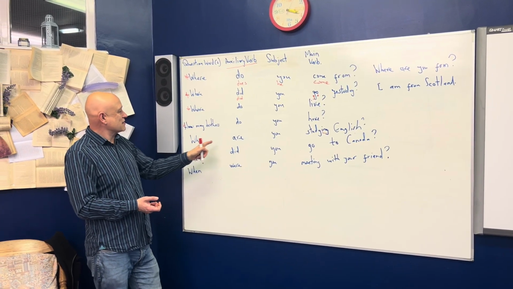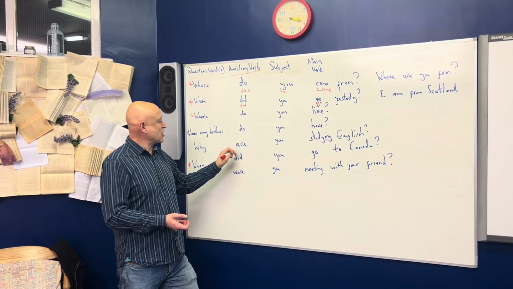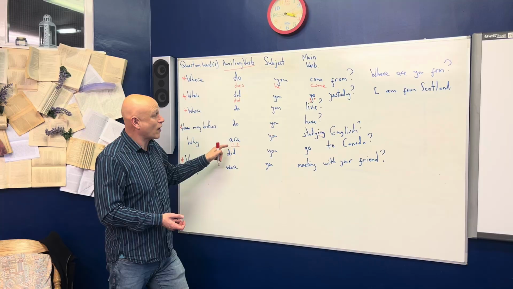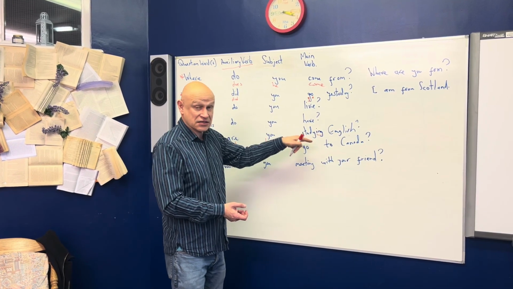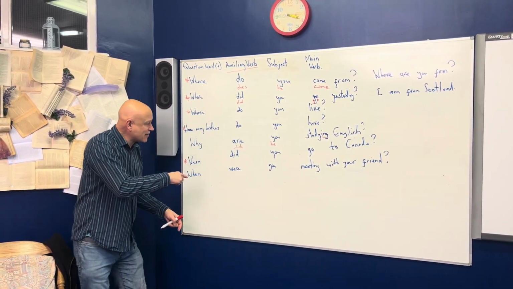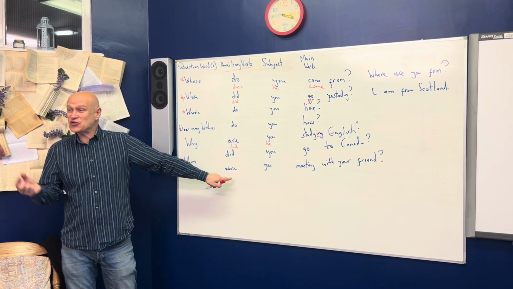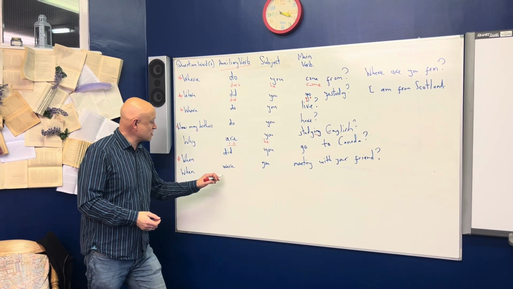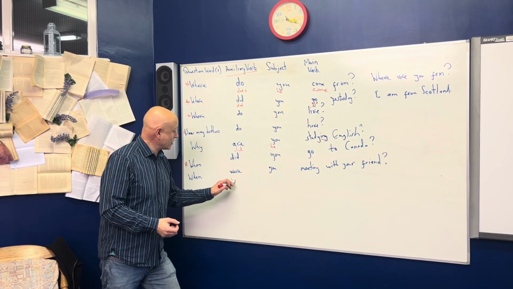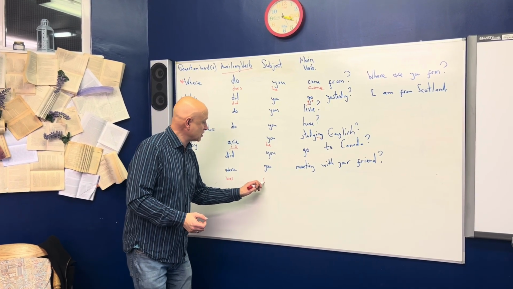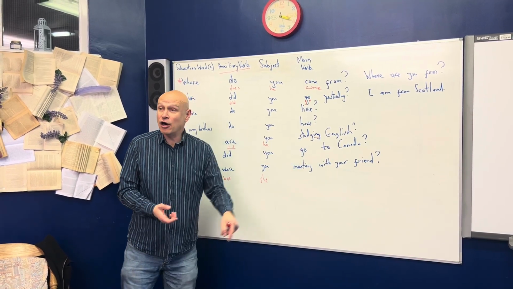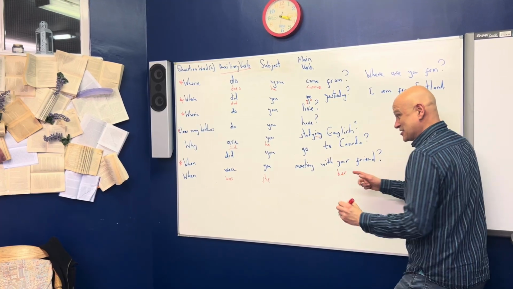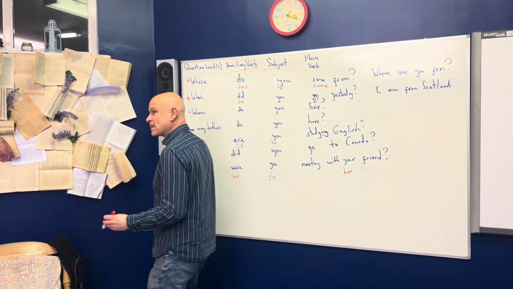Remembering that if you change it to the third person, you need to change this little verb, why is he studying, for example. And finally, the past continuous uses were for you, but if we want to make it third person, it would be, when was she meeting with her friend? We need to change this as well. So there's a few changes we need to make.